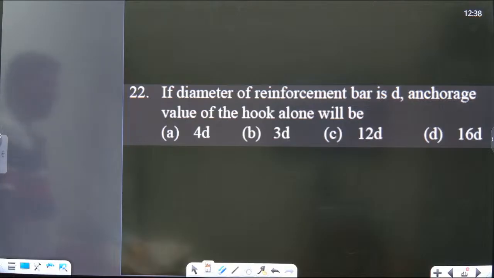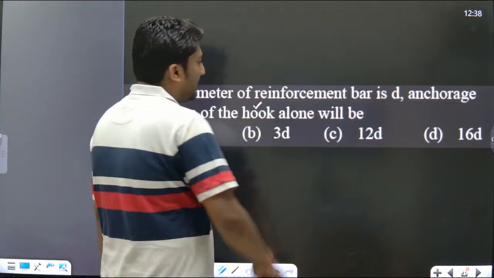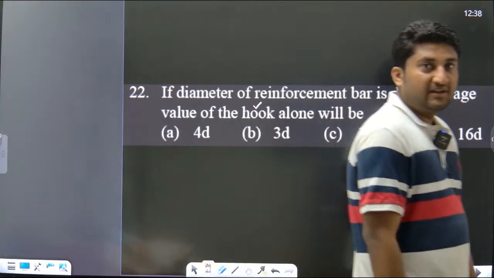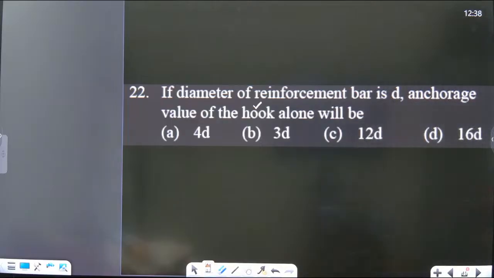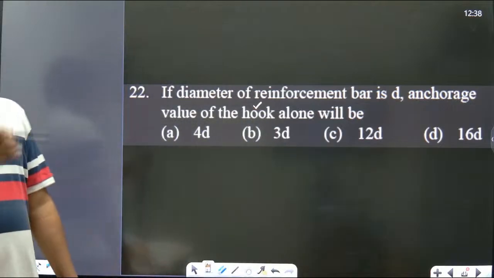If the diameter of the reinforcement bar is D, the anchorage value of the hook alone will be? Now it is for the hook. A hook has a 180-degree bend.